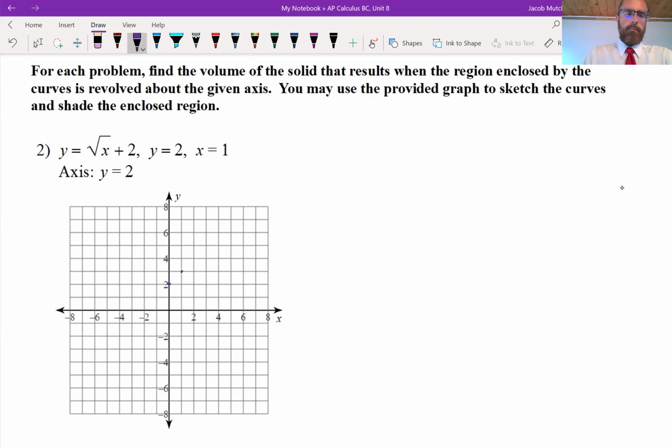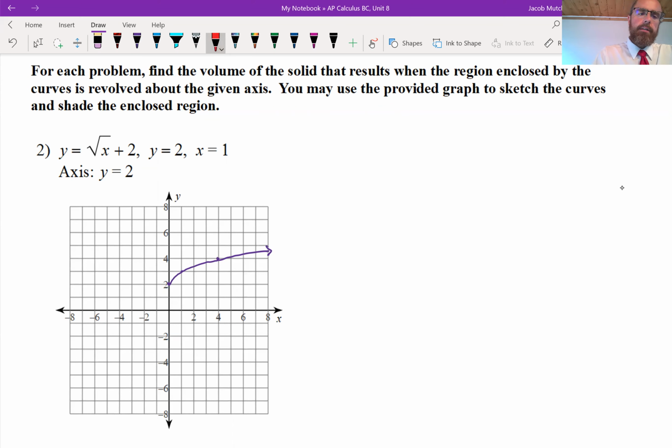And then the next convenient x value to take the square root of would be 4. Square root of 4 is 2, 2 plus 2 is 4. So at 4, we are at the y value of 4. And that allows us to sketch that square root curve. It's been translated up 2 from the parent function.